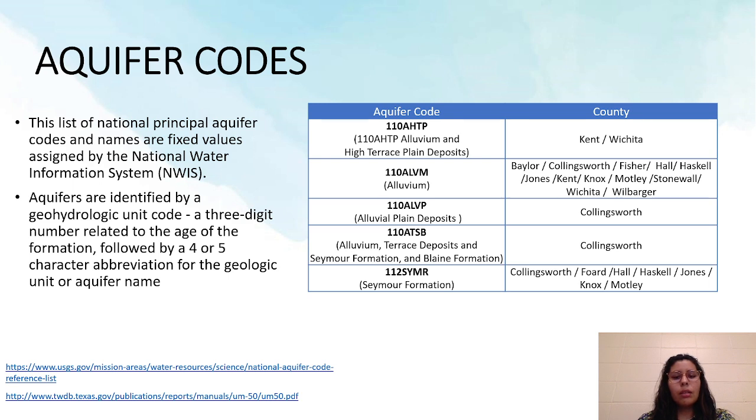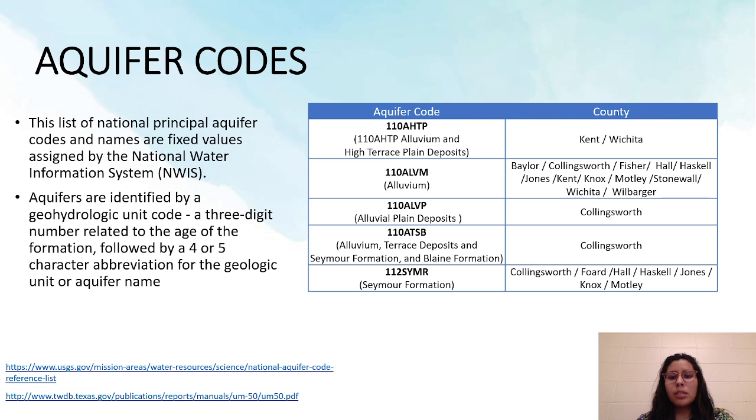These aquifer codes are identified by a geohydrologic unit code, which is a 3-digit number related to the age of the formation, followed by a 4 or 5-character abbreviation for the geologic unit or aquifer name.